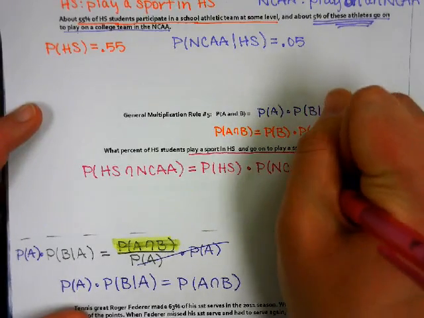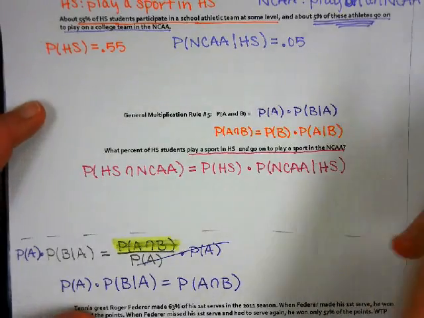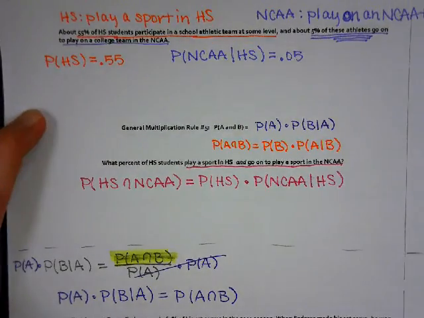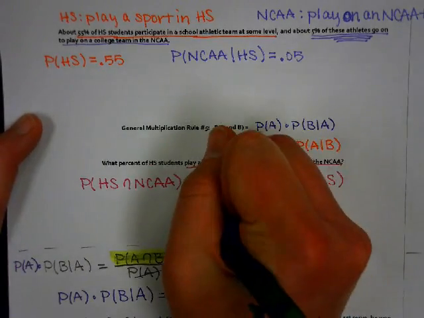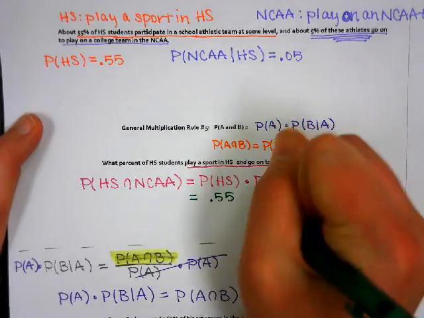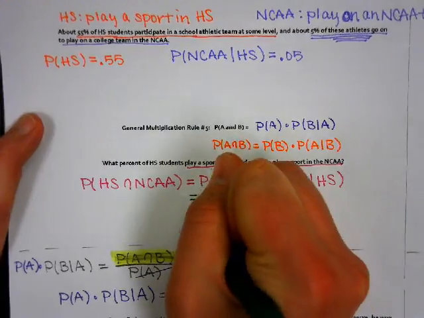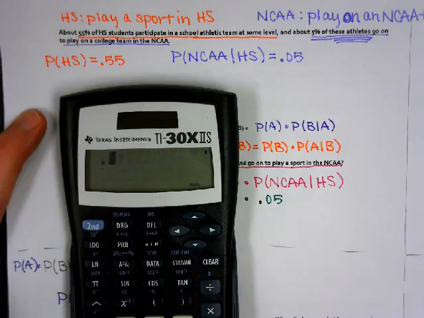The two pieces of information that the problem gave us. So we would take 0.55 and multiply it by 0.05. 0.55 times 0.05, which is 0.0275.